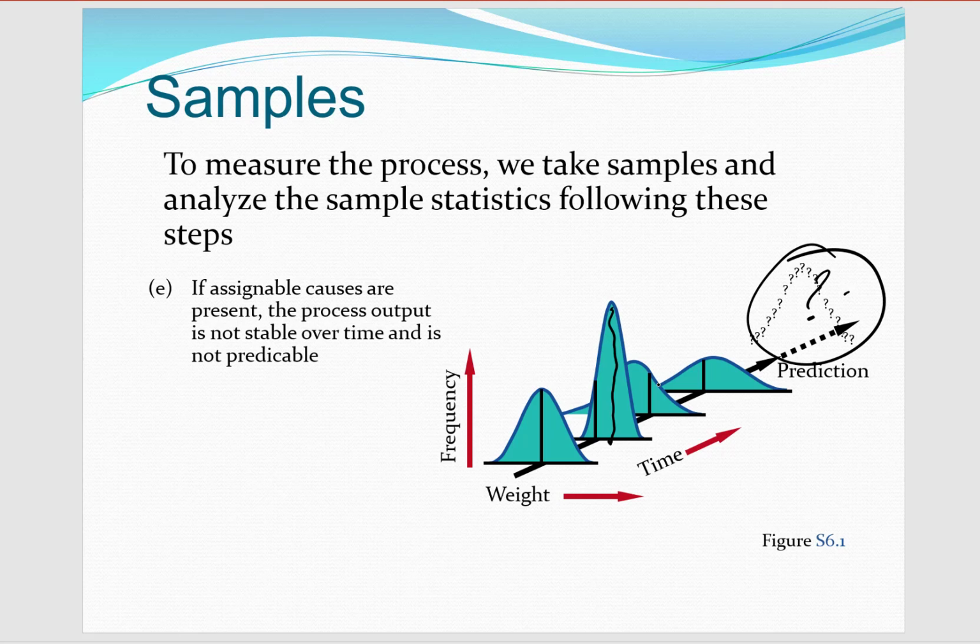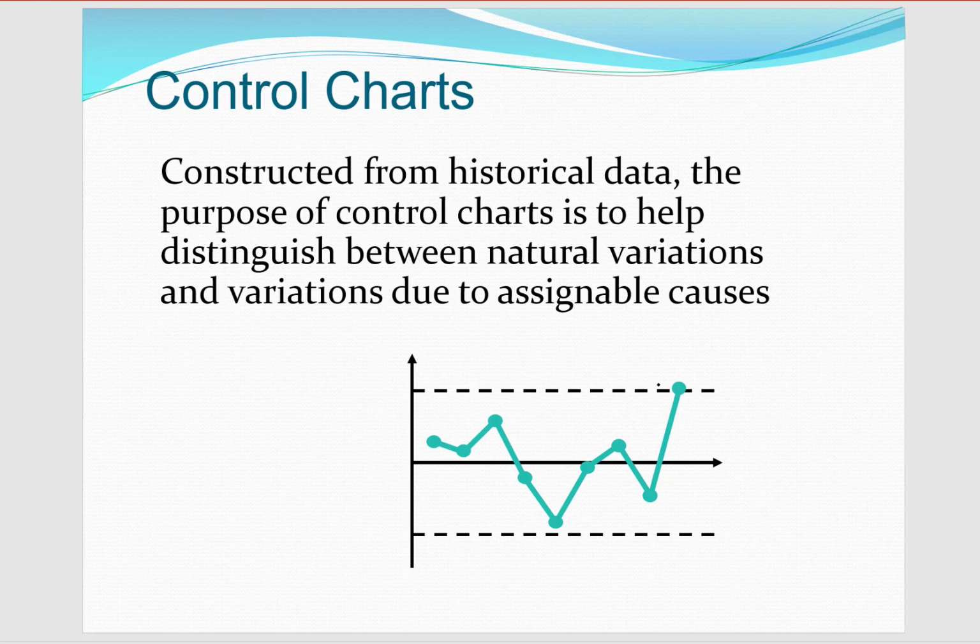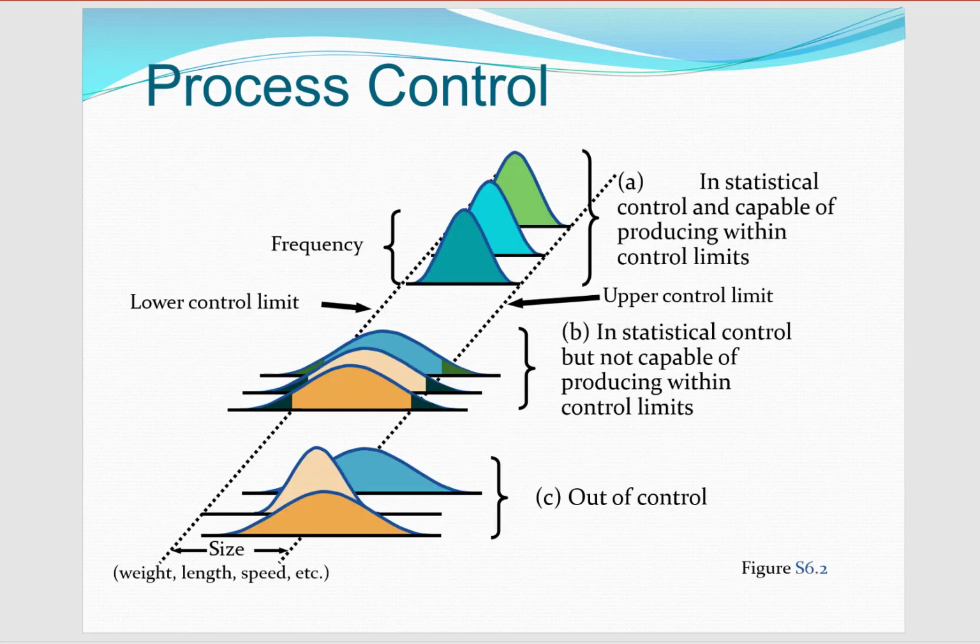And this is why SPC is important, so that we can identify the assignable causes, try and remove them, adjust the process so that we remove them, and then we can get back into business. So control charts are constructed from historical data. The purpose of control charts is to help distinguish between natural causes of variation and variations that are due to special causes.